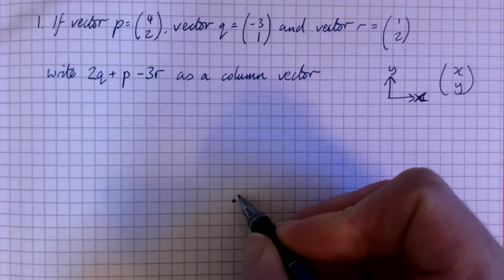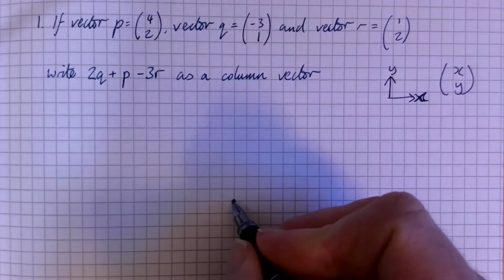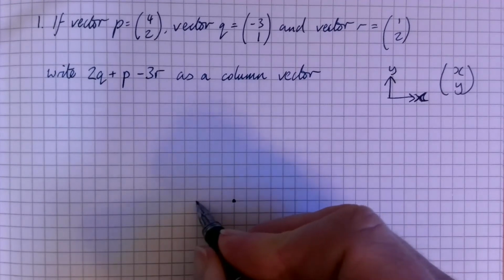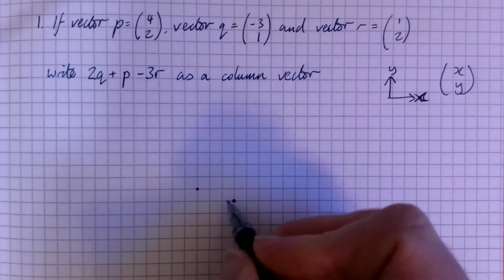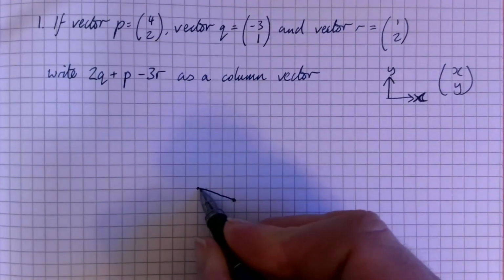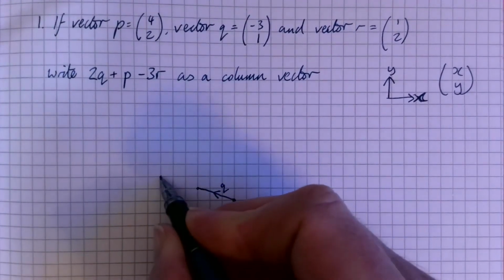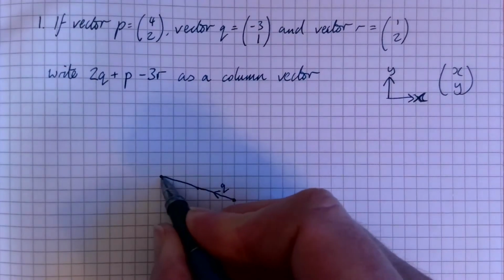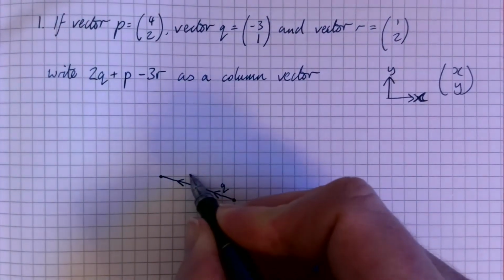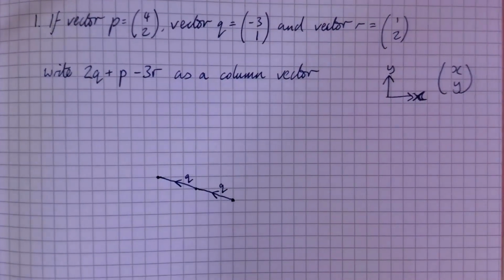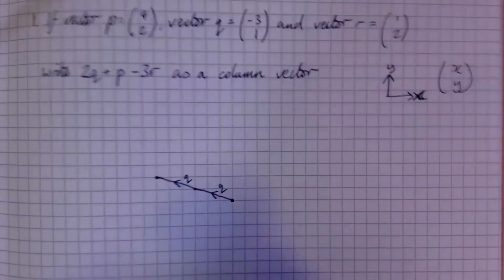So 2q, we do q first of all, -3, 1, 2, 3 and up 1, so that is q. If I do another q, that gets me to there, so we can call that 2q.